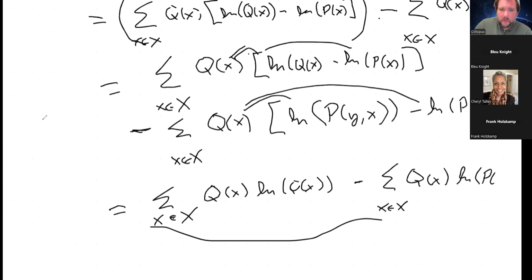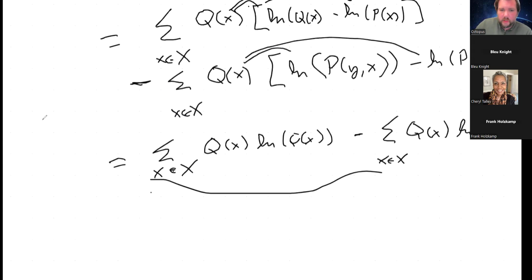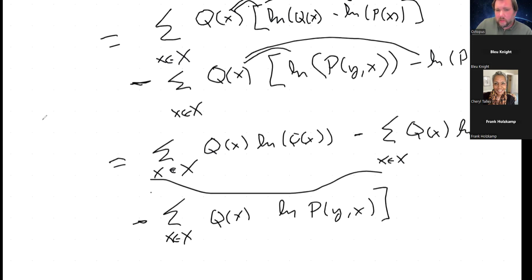And then if I distribute this minus and this q of x through, this becomes minus the sum over x and x, q of x, natural log probability of y and x.